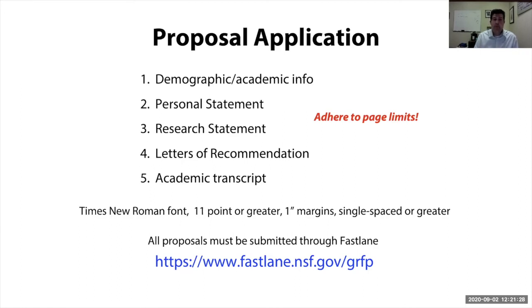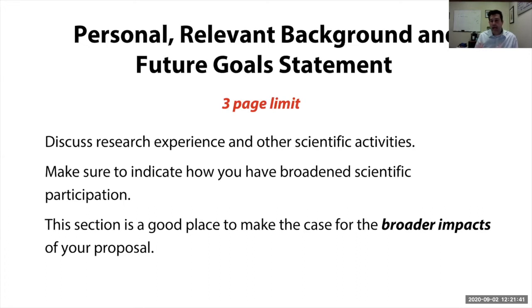Scientific merit is kind of defined as the potential for the proposal to further scientific understanding, something like that. Whereas broader impacts refers to how the proposed work will expand access to science or improve society's appreciation of science in a broad sense.